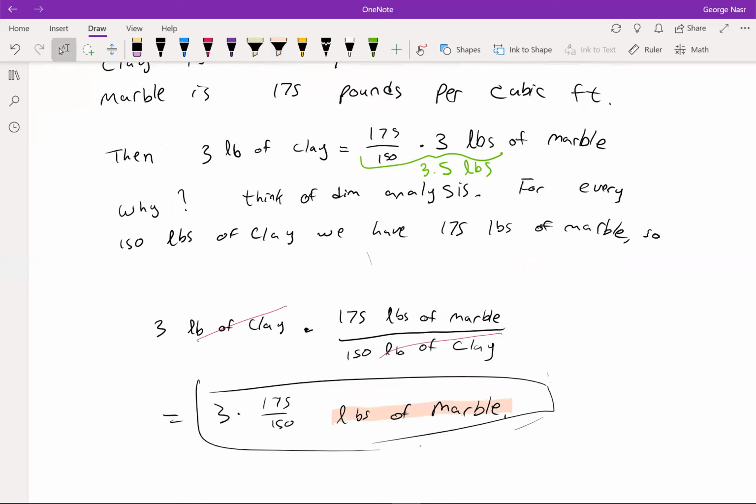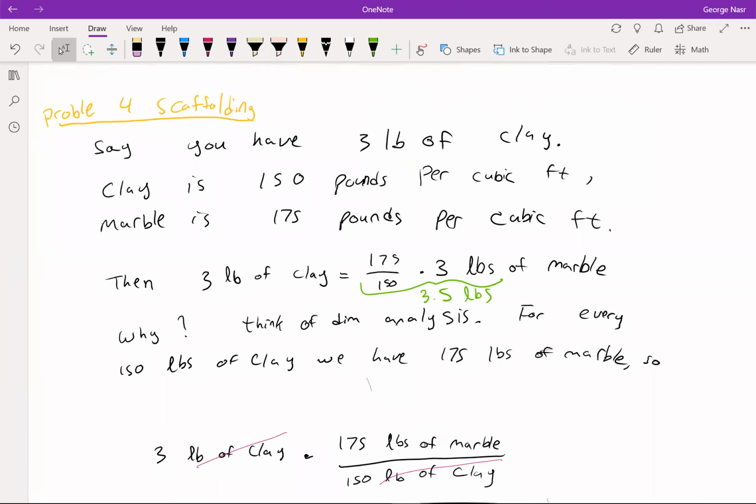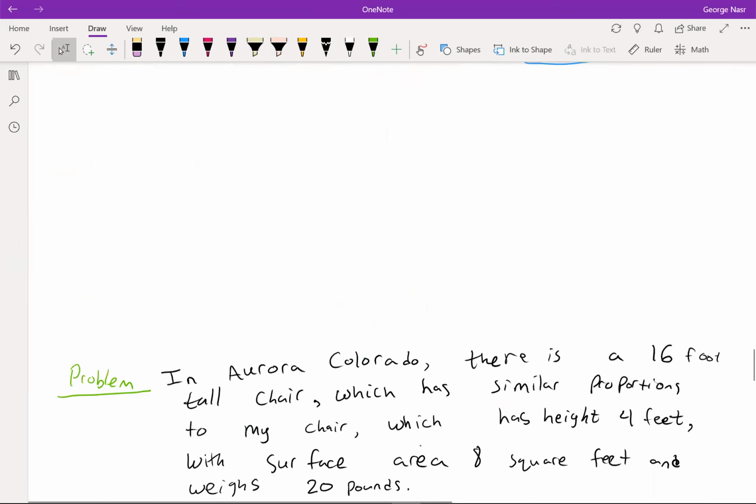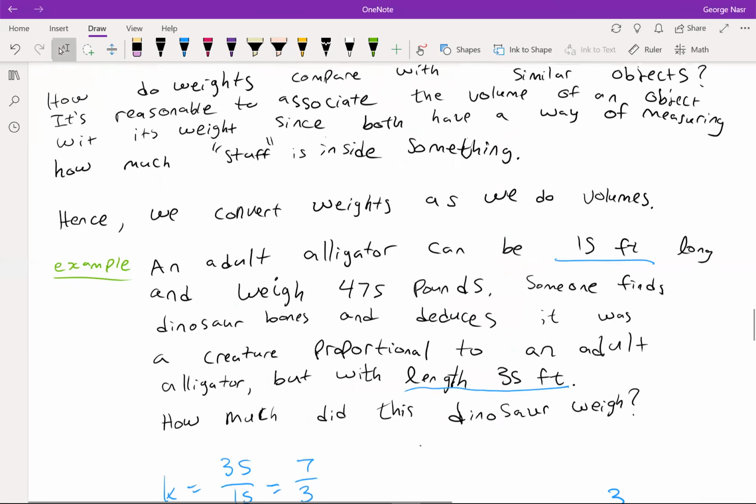So that's going to help you for problem 4. Problem 4 is another one of these similarity problems. If you pretended you didn't know what I just told you, you could do the problem as is using the same techniques as in all these problems. But if you do it blindly, you're going to find the weight of a scale model of a sculpture.